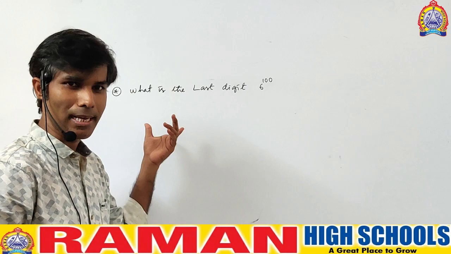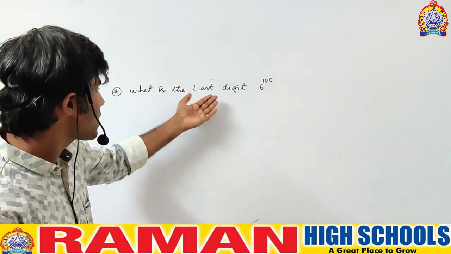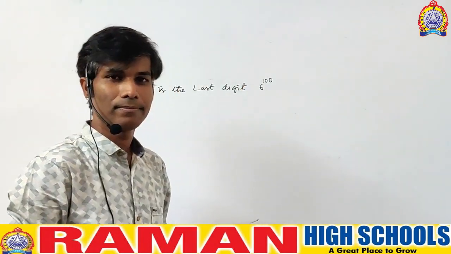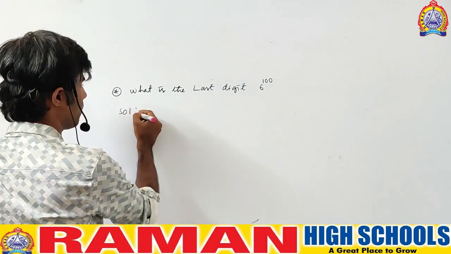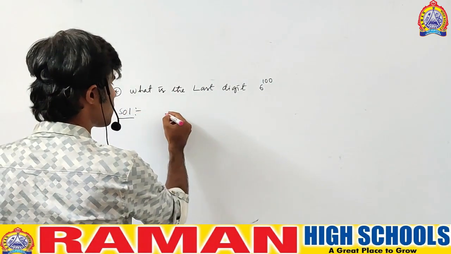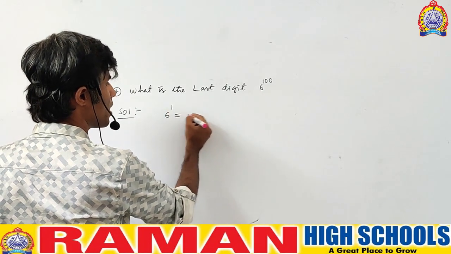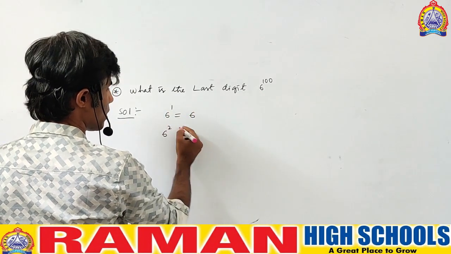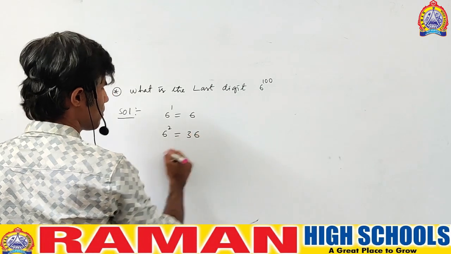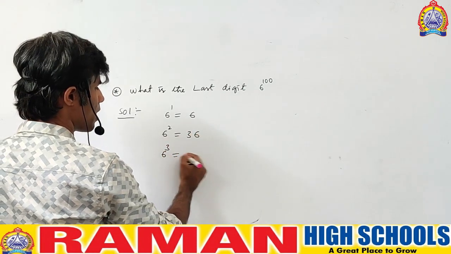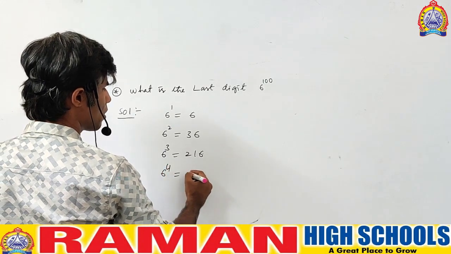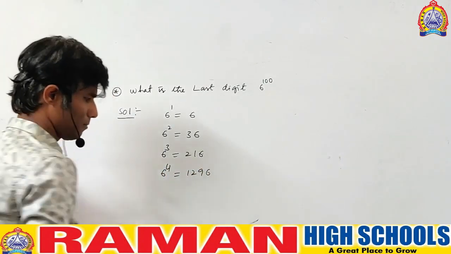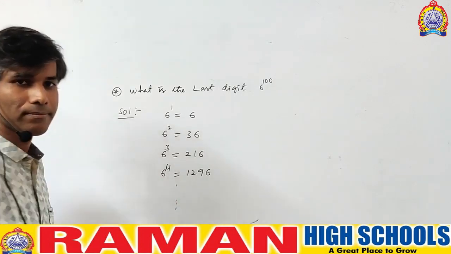Now let us see this example. What is the last digit of 6 power 100? Let us observe this pattern. 6 power 1 is 6, 6 power 2 is 36, 6 power 3 is 216, 6 power 4 that is 1296, and so on you can take.